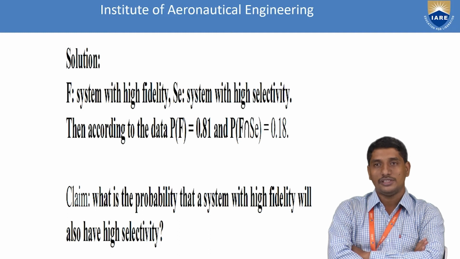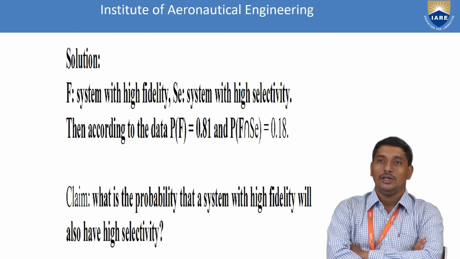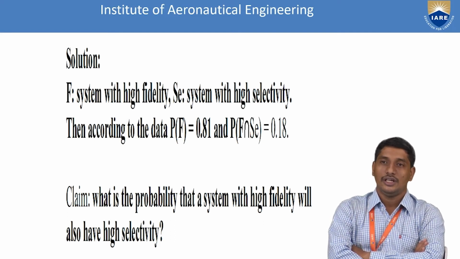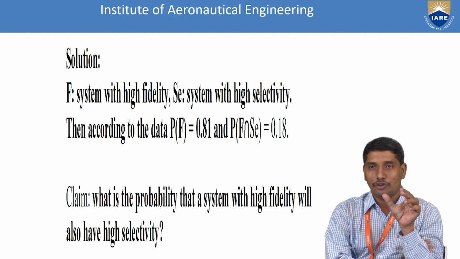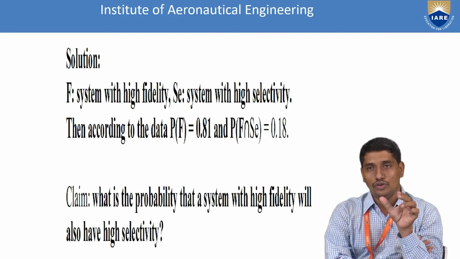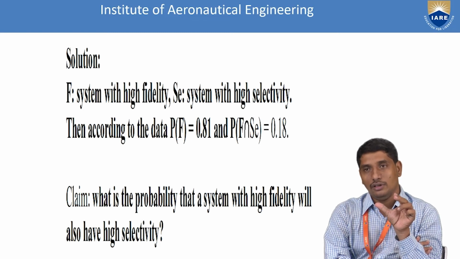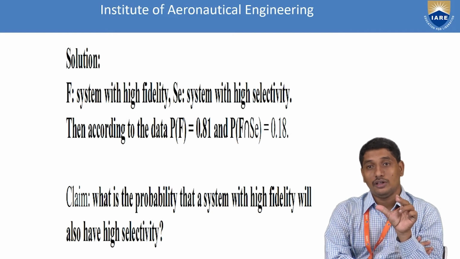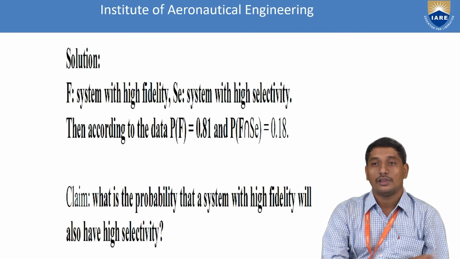So Samsung mobiles have 81% fidelity and 18% both selectivity and fidelity. Now, our claim is, if you select a mobile into your hand and you know that it has high fidelity, that is, high long life, what is the probability that it will also have high selectivity? That is, it is popular in the public. Okay, that is the question.